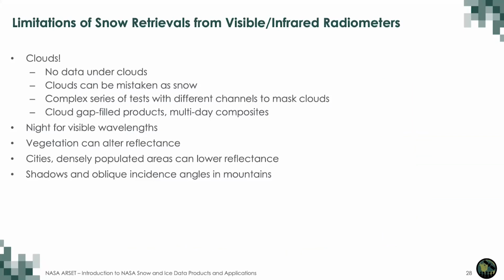So a lot of effort is needed to clear out the clouds and make sure you're not getting clouds in these products instead of snow. A lot of tests are done, combining several different channels to create cloud masks specifically for snow cover. Then there are cloud gap products that fill in where there are clouds, using composites and other methods, so you can get complete coverage.